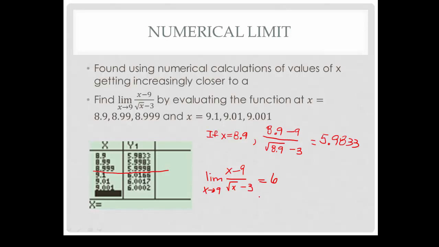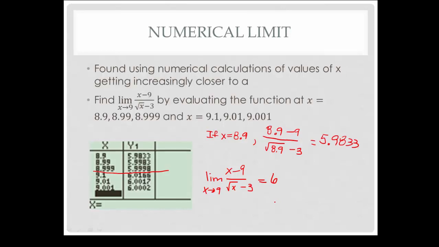Calculating limits using graphical and numerical approaches has its benefits, but the major drawback is they are guesses, they are estimates. They're usually educated guesses and educated estimates, but they can be misleading if you're not being careful. And we will actually illustrate some of the drawbacks as we look at a couple more examples.